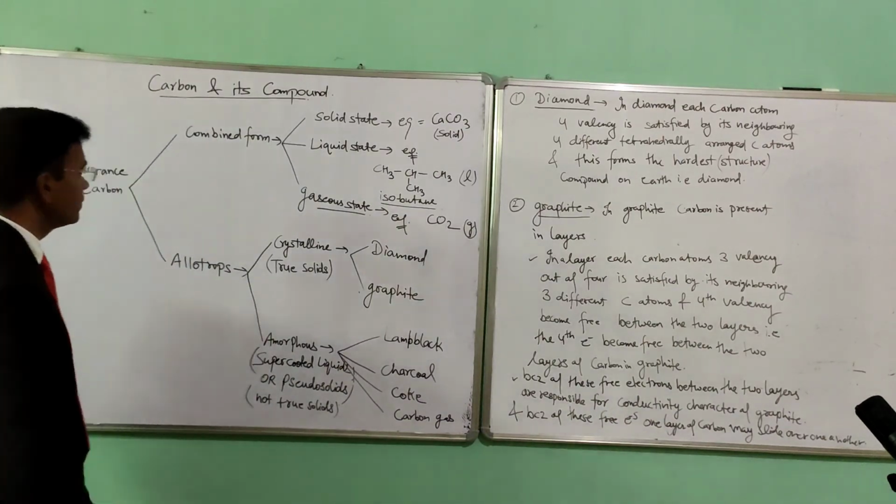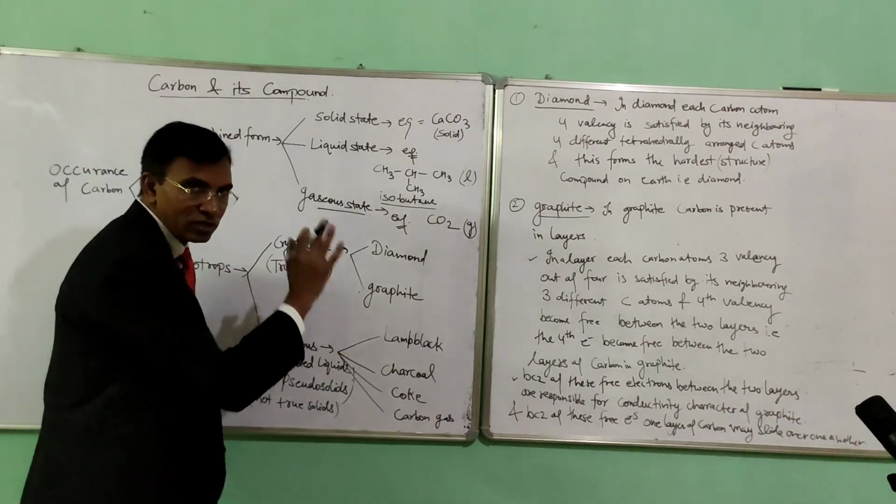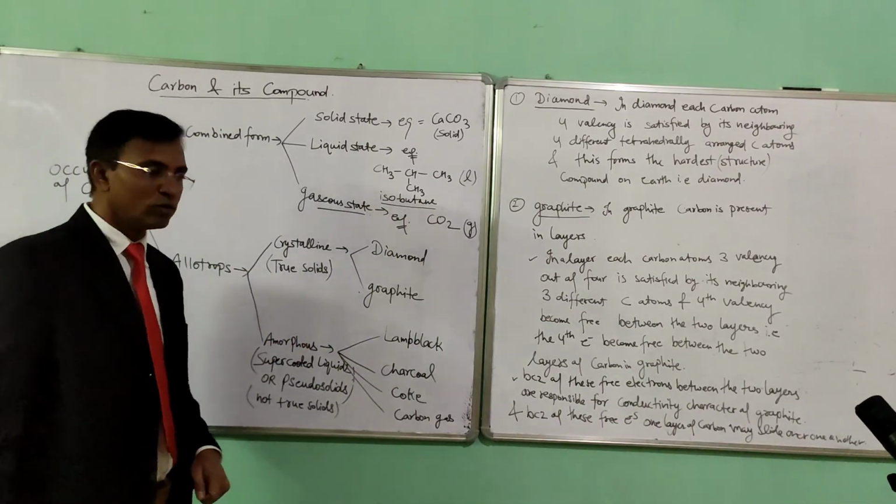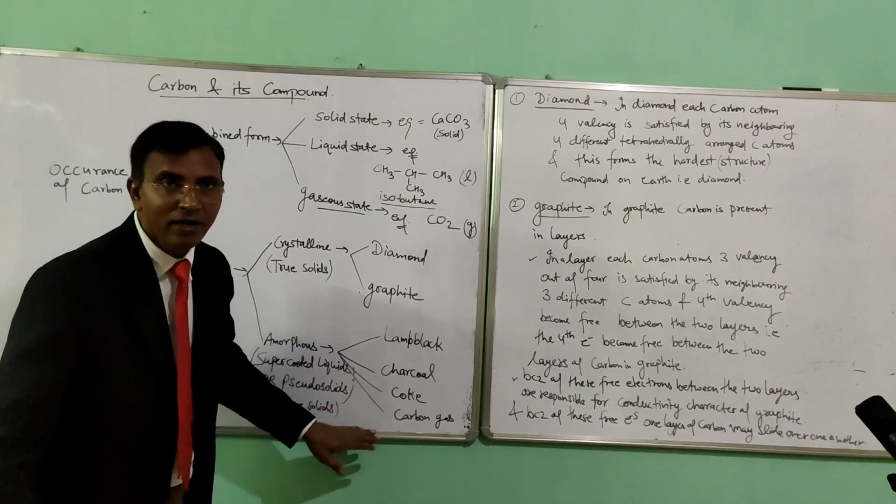So that is all about graphite and diamond. Now come to the amorphous forms. Now we are going to discuss lamp black, charcoal, coke and carbon.